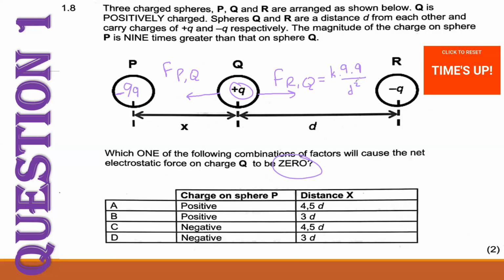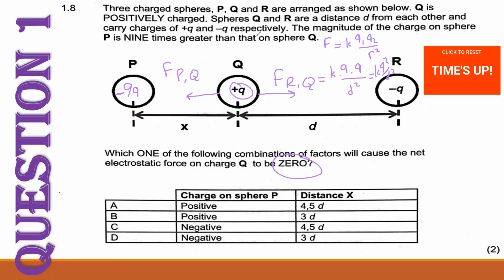I'm writing this because I know the electrostatic force from Coulomb's law: K times Q1 times Q2 over R square, or D square, the distance between them. So we can say K times Q square over D square.